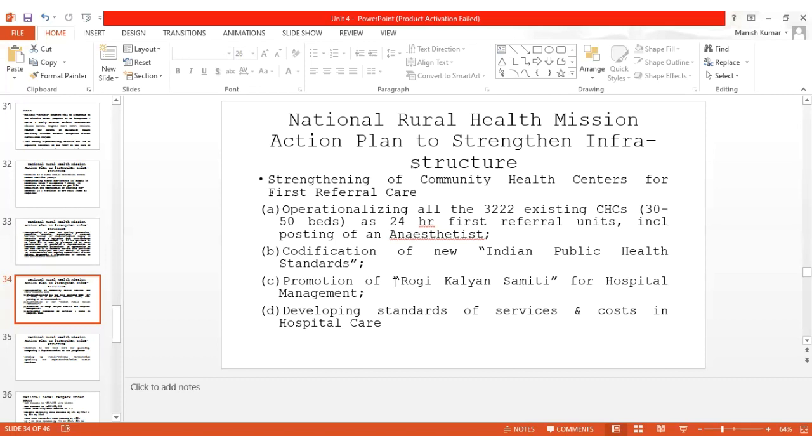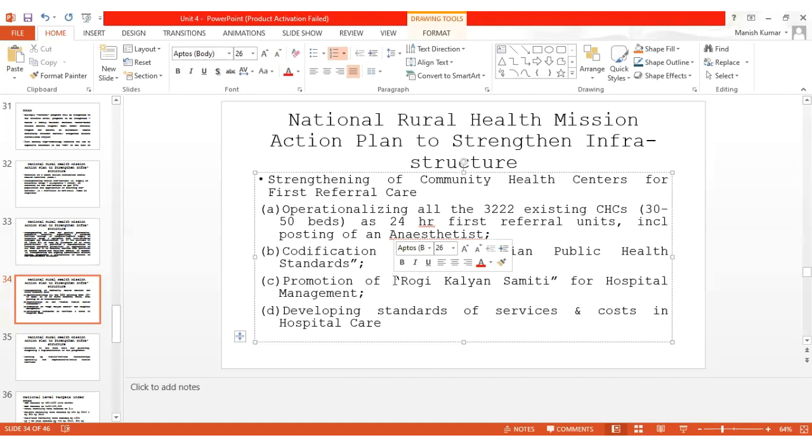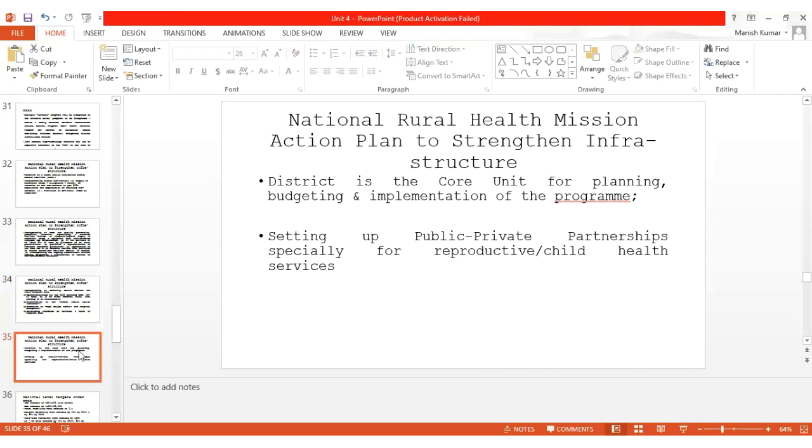I have said that promotion of Rogi Kalyan Samiti for hospital management. Rogi Kalyan Samiti has been formed. A lot of money is unutilized. Don't say underutilized; most of it has not been utilized at all because they are very apprehensive to use it. They always wonder, if I use that money, we will be put behind bars, because most of those expenditures are either not transparent or not being taken care of properly.